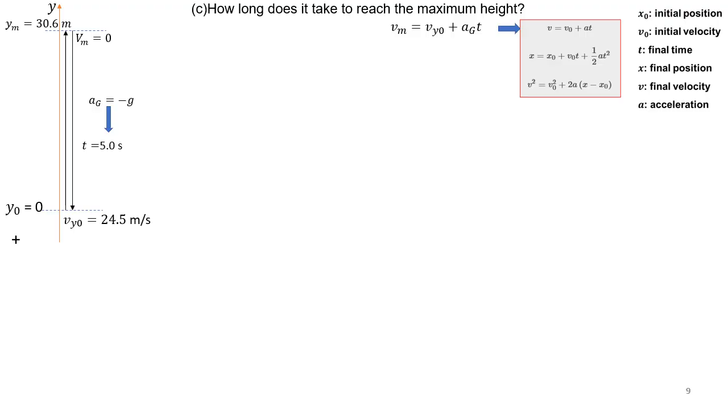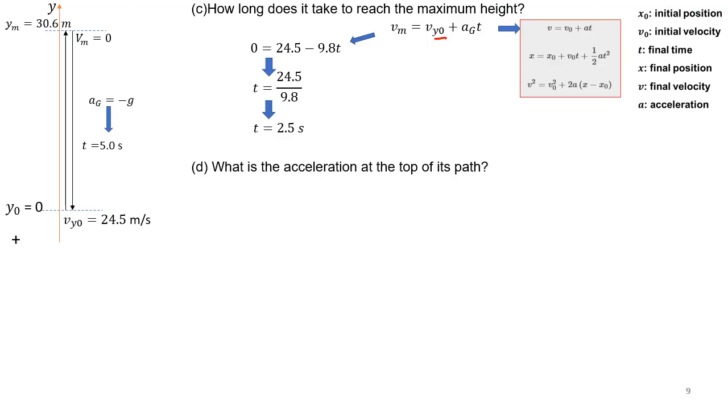The final velocity, which is 0 actually, is equal to initial velocity vy0 plus ag t, where t is the time taken from the start to the maximum height. Substituting the values, final velocity is 0, initial velocity we found is 24.5 meter per second, and minus 9.8 is the acceleration due to gravity. From here we can calculate t as 2.5 seconds.